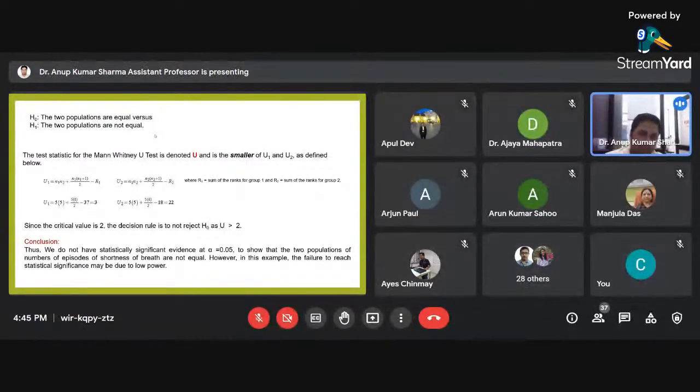This we are checking. So the test statistic here is denoted by U.